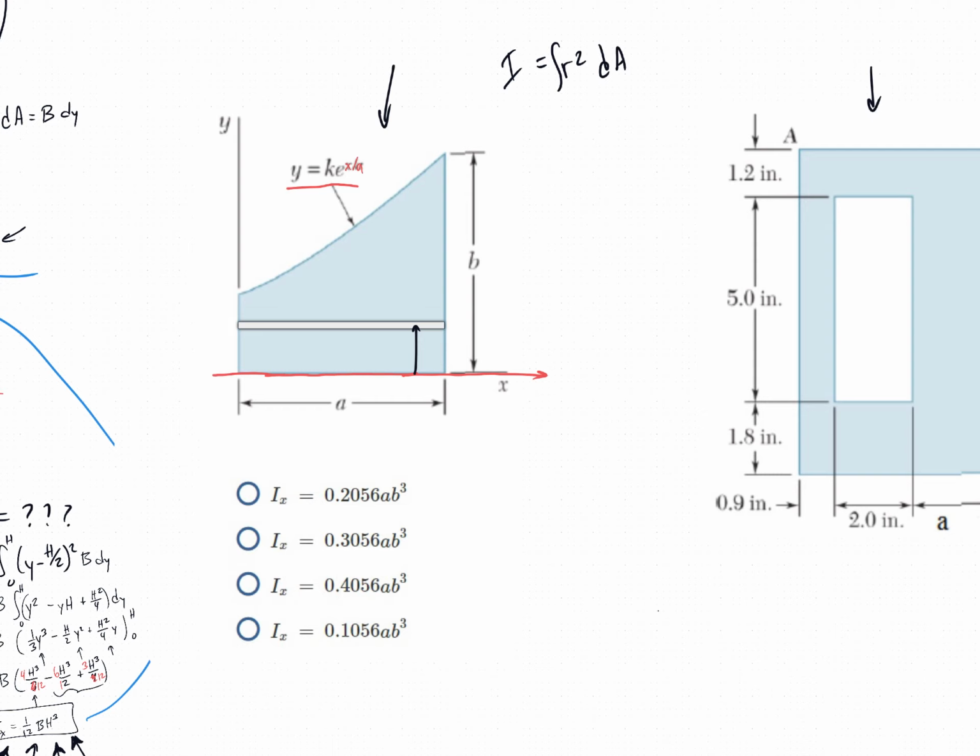The dA for this particular portion of this problem is right here. So it's got a width of a, and it's got a height of dy. So it doesn't really seem all that hard, but the problem is that definition fails badly when we get right here.